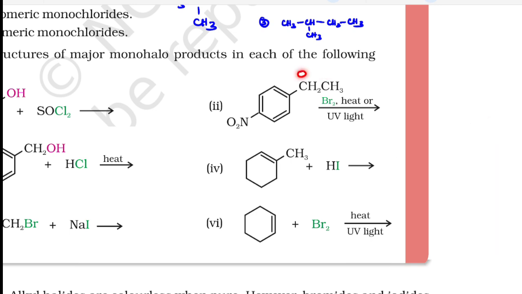If I form a free radical here, this is secondary. So secondary will be more stable. Therefore, remove one hydrogen from here and place bromine here. So the product can be written like this: CHBr, CH3 and then NO2. So this is the product.